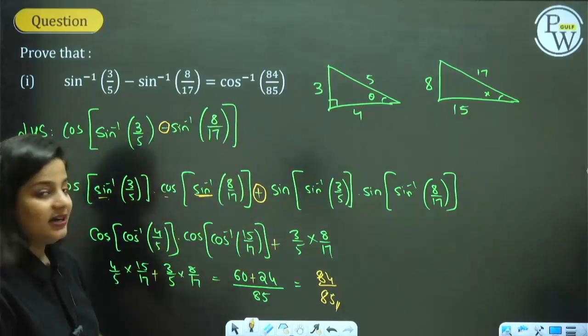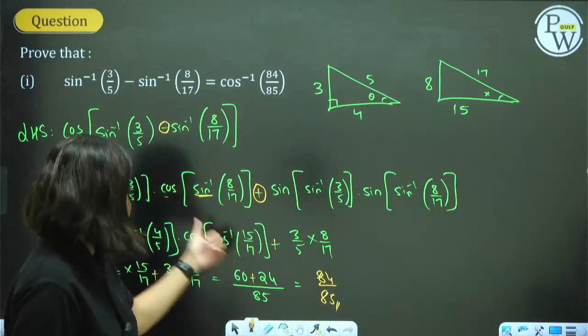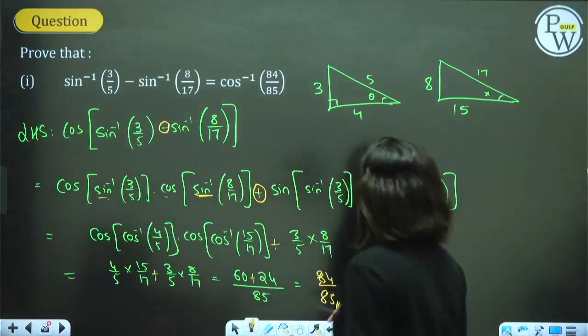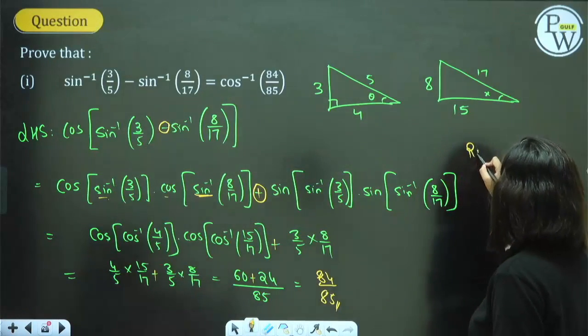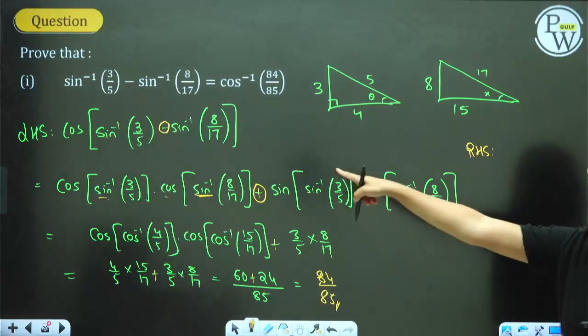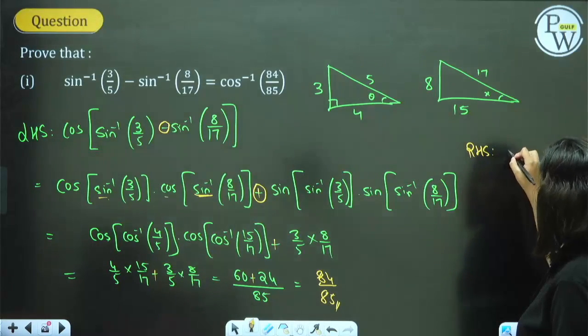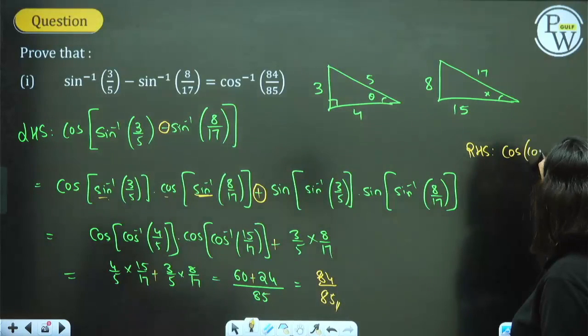Can you check the RHS? LHS is including the cos, right? If you have included cos in the LHS, put it in the RHS also. What's the harm? So cos of cos inverse 84 by 85, cos inverse goes, 84 by 85.